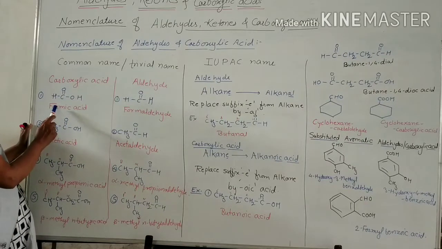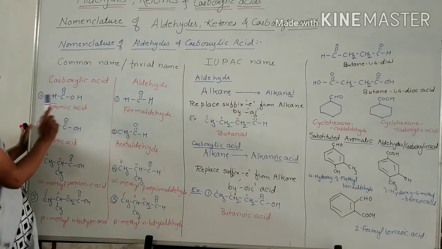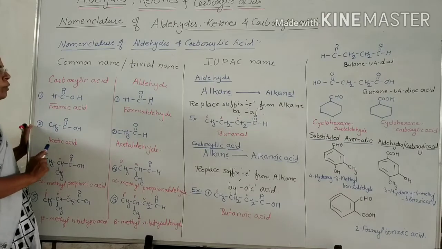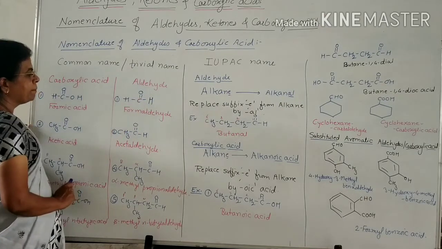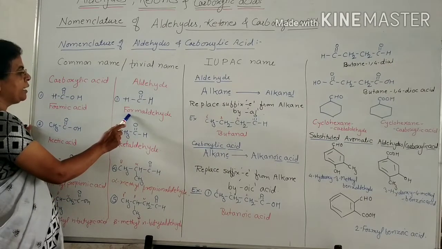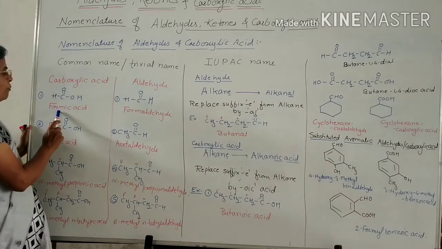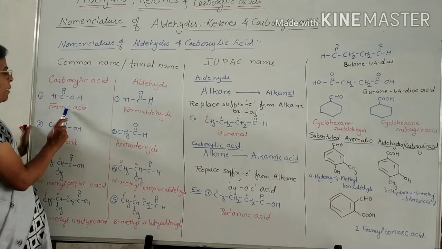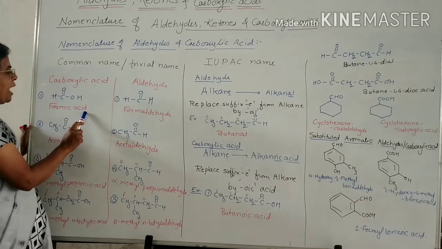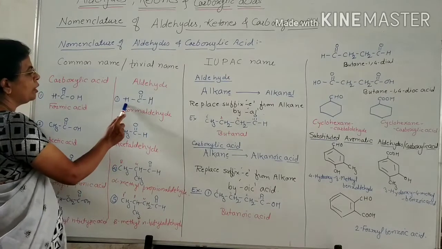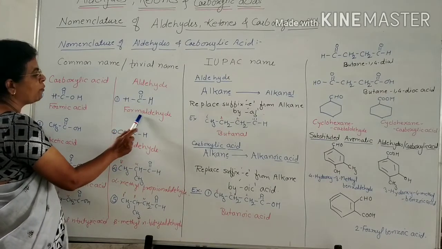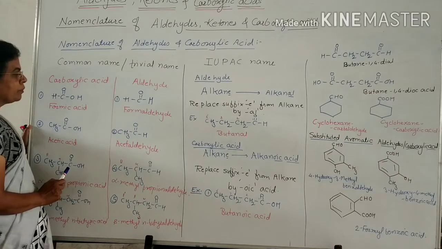This is common name. HCHO. Now this is aldehyde. Name of this aldehyde is given from the name of this formic acid by replacing IC acid by aldehyde. Therefore, name of this aldehyde becomes formaldehyde.